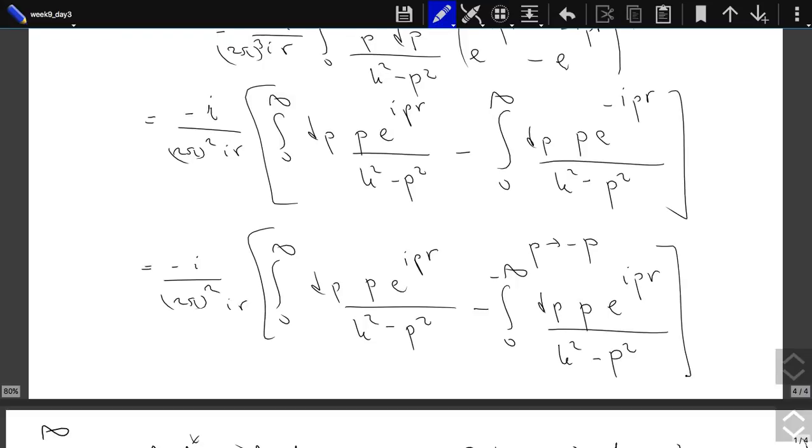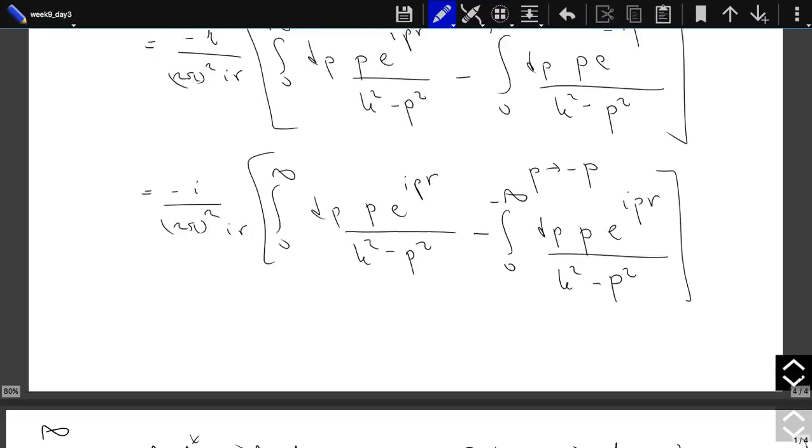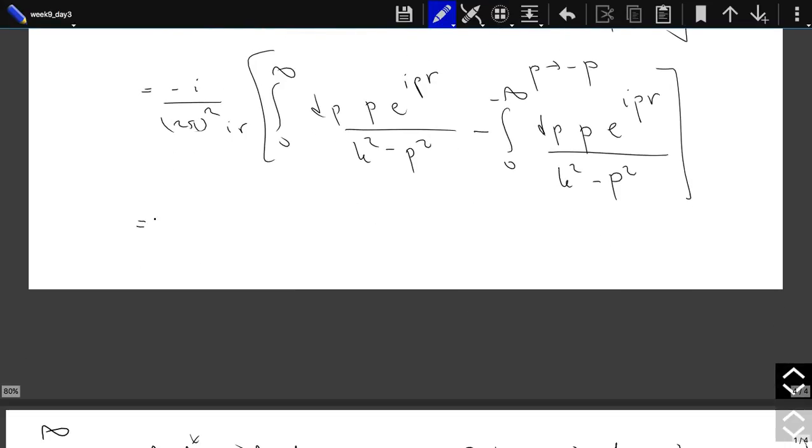Now I can change the order of integration. Rather than from 0 to minus infinity, I can take it from minus infinity to 0. That brings an additional sign, so there is a plus sign in between. But then my integrals are from minus infinity to 0, then from 0 to infinity. So that's basically a single integral.